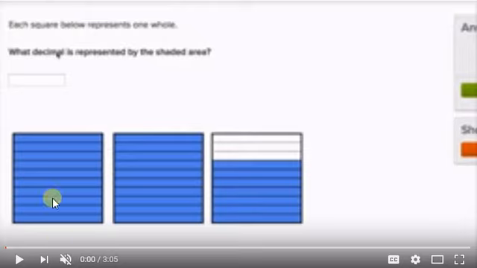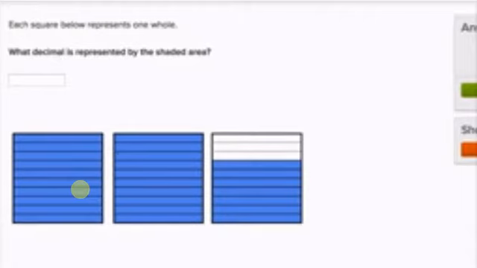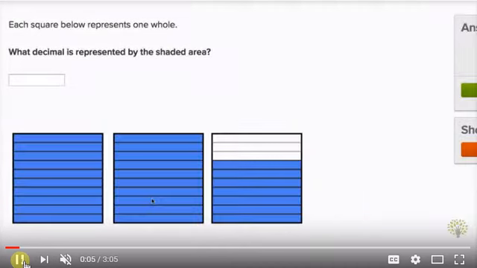In this case you have 10 stripped squares, both of which are representing one whole. So this one is representing one whole, and this one is representing one whole, and this is representing one whole. So what is the decimal representation for the shaded part?